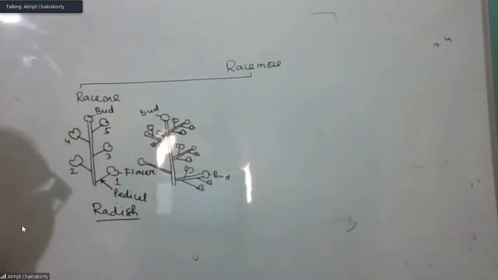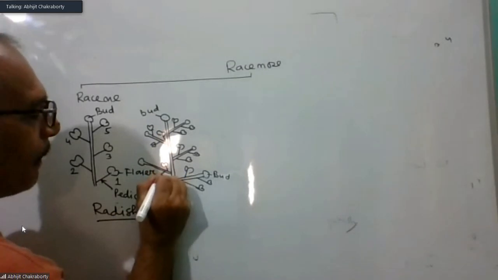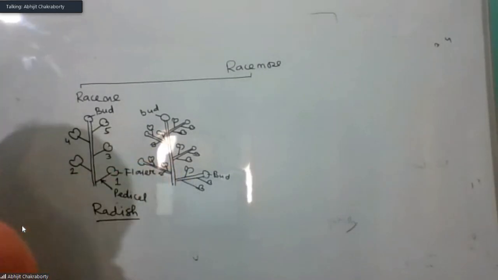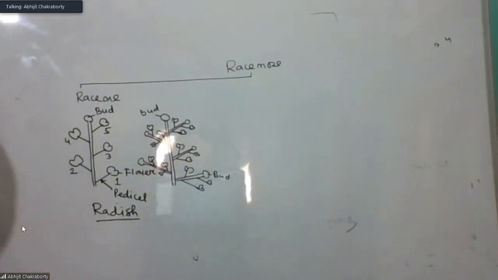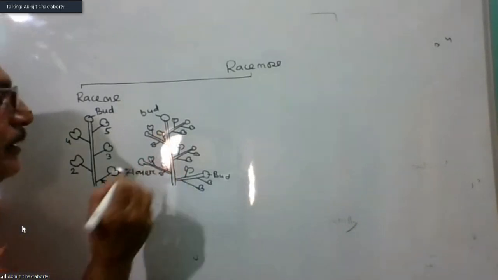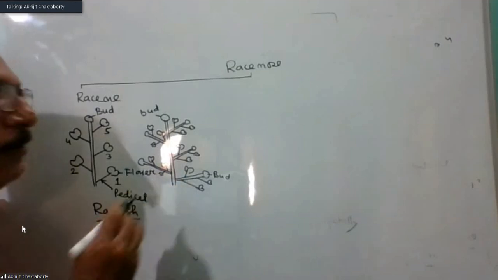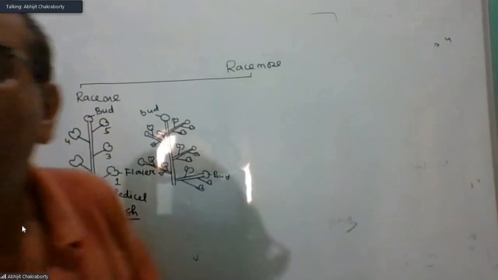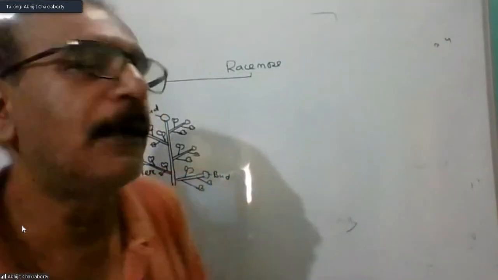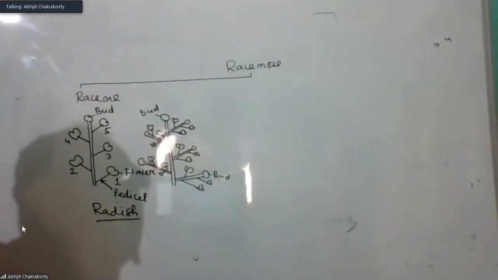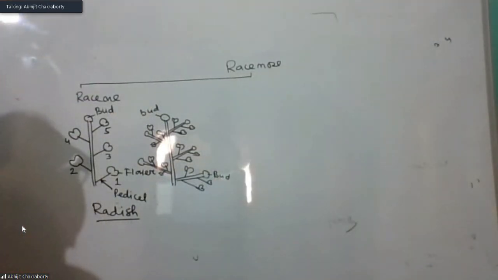So here flowers are borne not on the floral axis directly, but on the branch of the floral axis, and then you can call it a compound raceme.